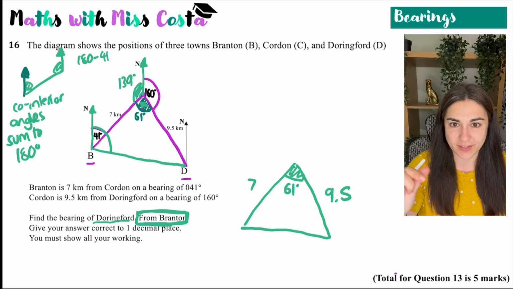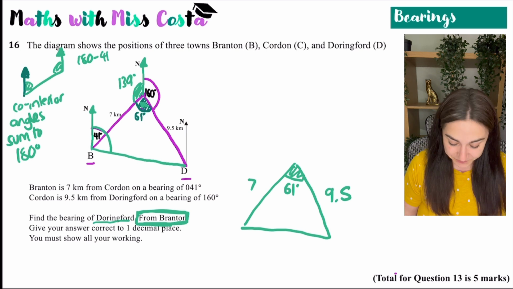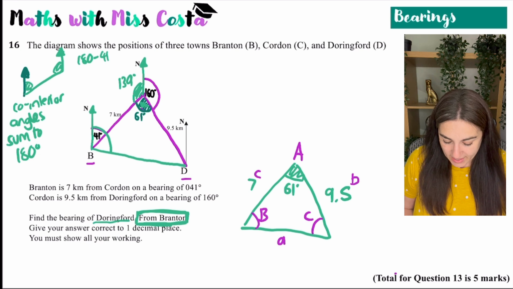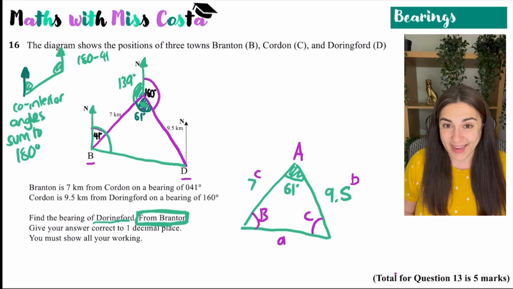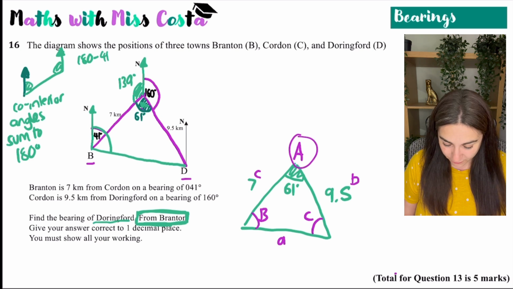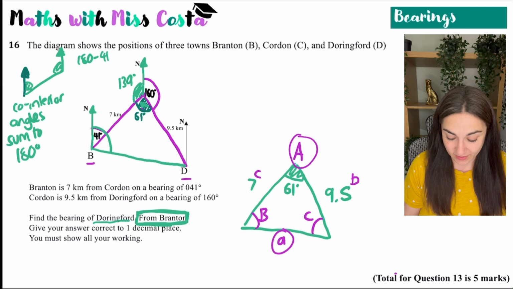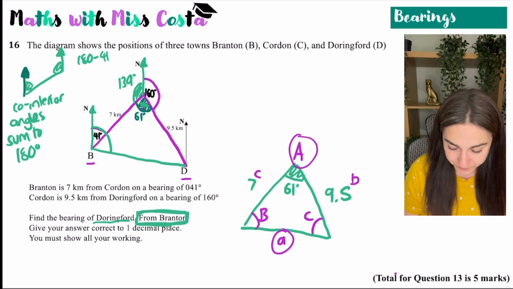But here, if I label this triangle, this big A and this little a, this little b, this big B, this C, and this big C, I don't have the corresponding angles for anything apart from A. If you only have one angle and its corresponding side, then you're most likely going to use the cosine rule.